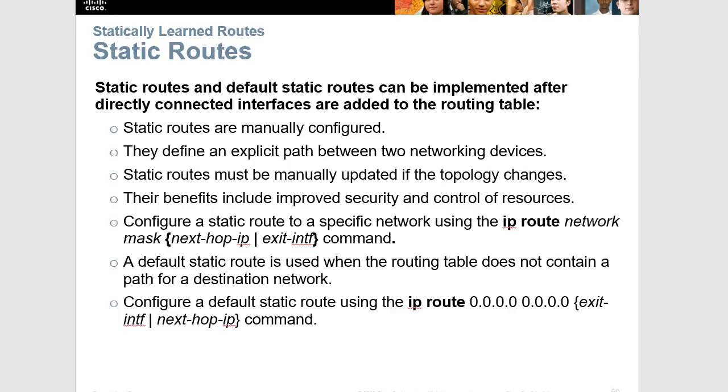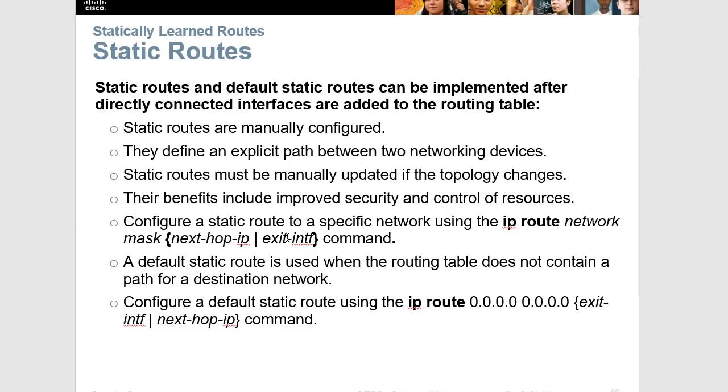The command to configure a static route is to type in from global config IP route, then the network that you're trying to reach and its subnet mask. That's why you got network and mask there. After that, you either use the next hop IP address or the exit interface you're going to use to get to said network. Usually it's going to be a little easier just to type in the exit interface.